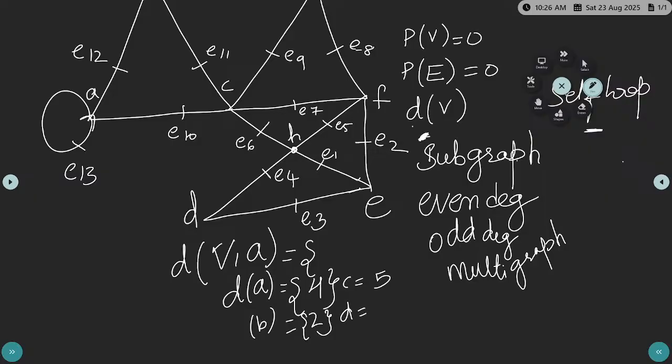Where is D? Here, D. Degree of D is 2. Why 6?